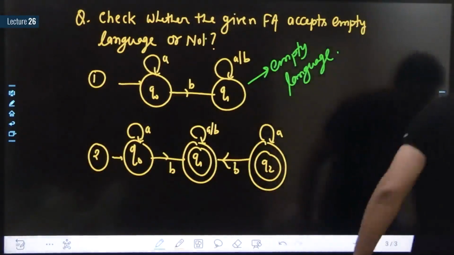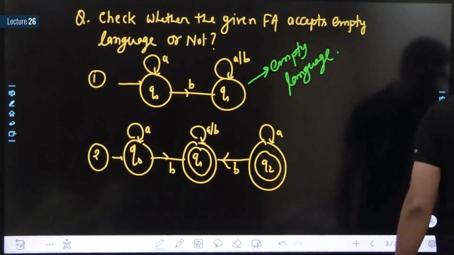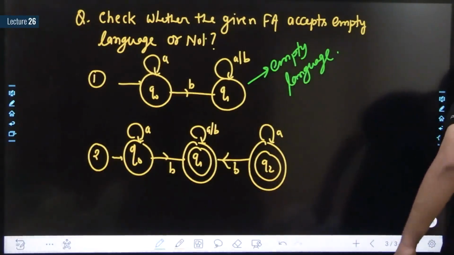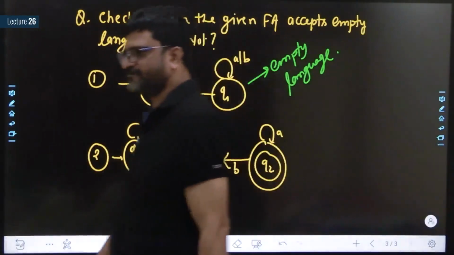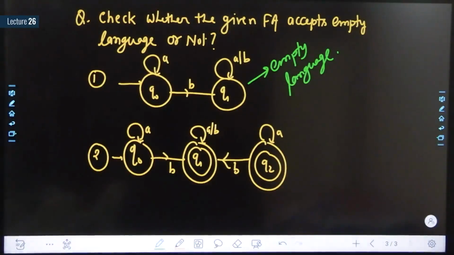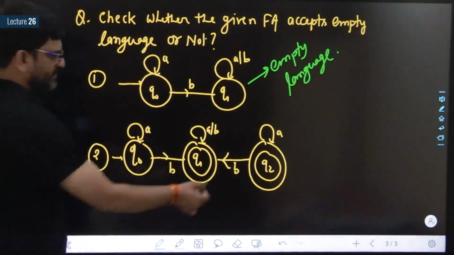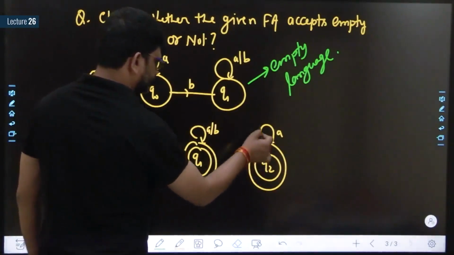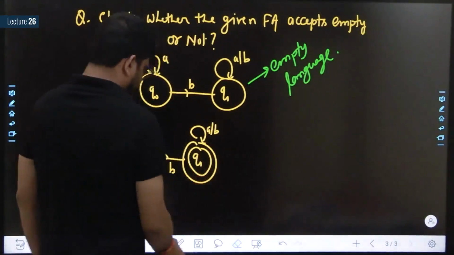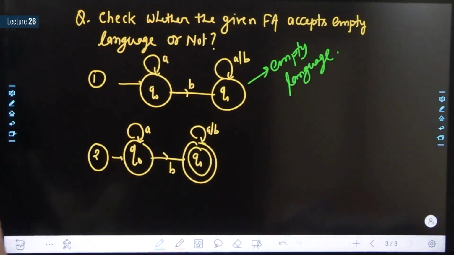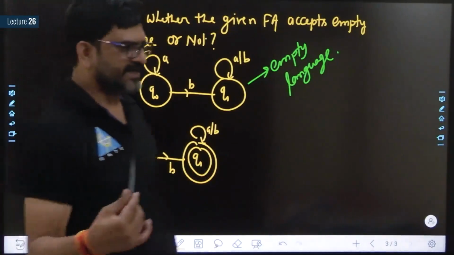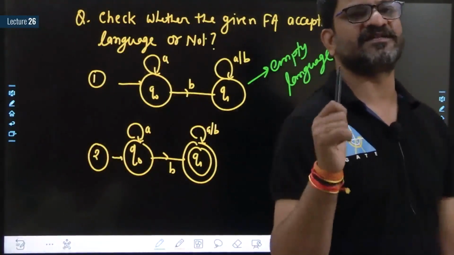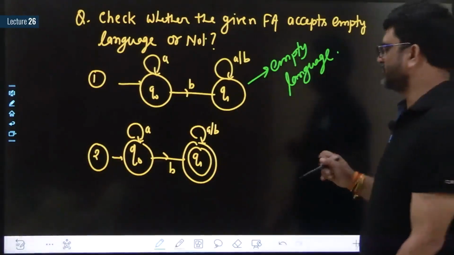Select those states which are not reachable from the initial state. Remove those states. Which one is unreachable? Q2 is unreachable. Delete this state. If the resulting finite automata contain at least one final state, then we can say it accepts non-empty language.